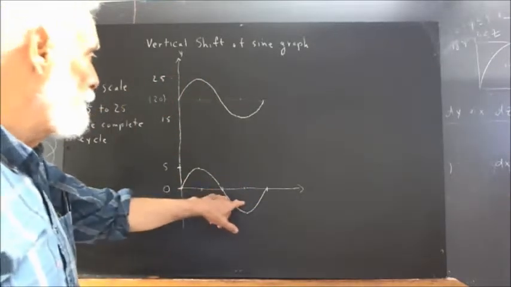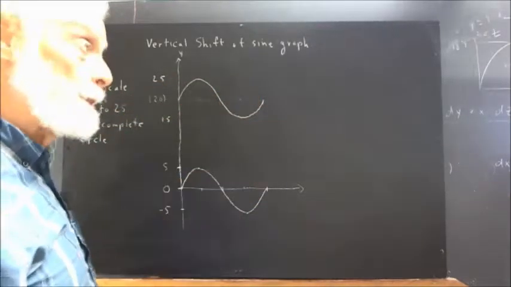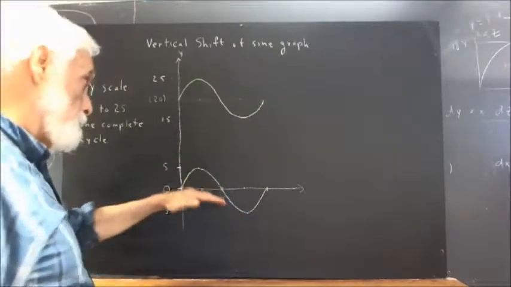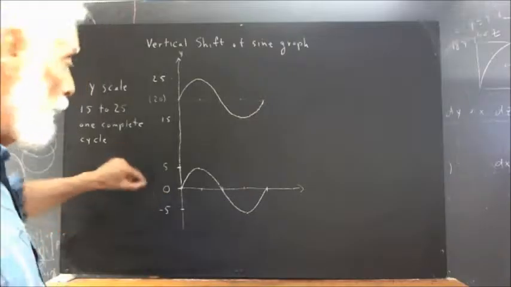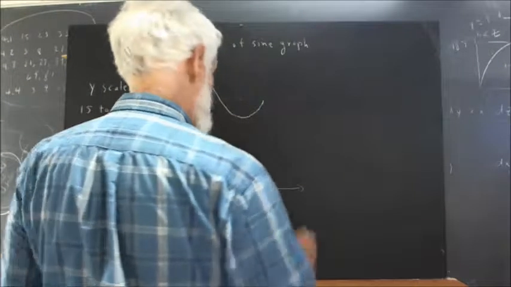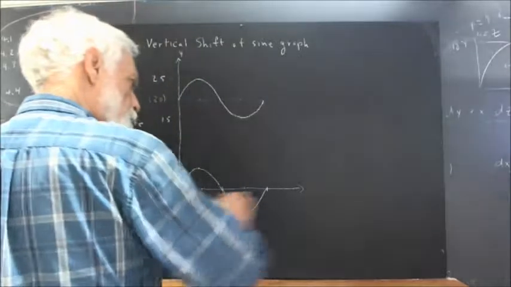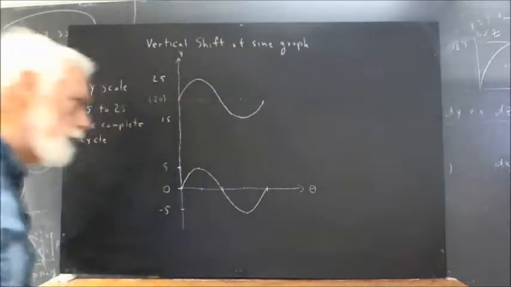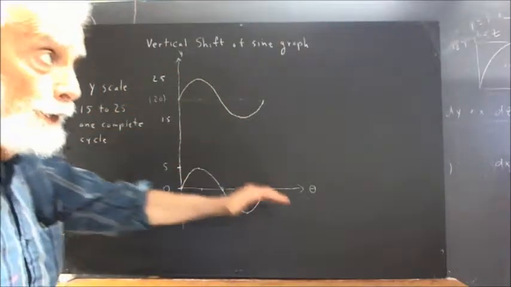So this graph has exactly the same shape as this one and the same dimensions, but it's lower down where it needs to be if this is going to be our horizontal axis. Okay, so our horizontal axis, let's just do a graph of y versus theta.